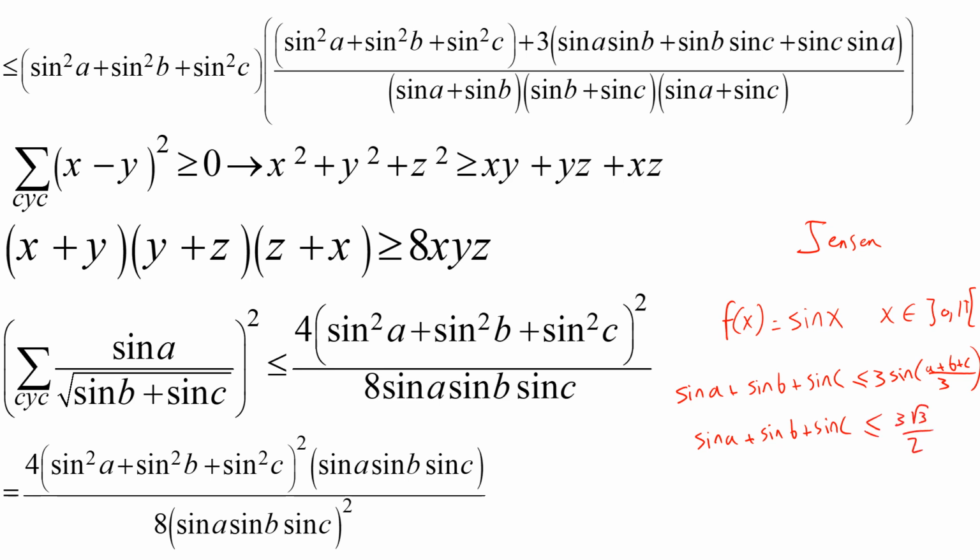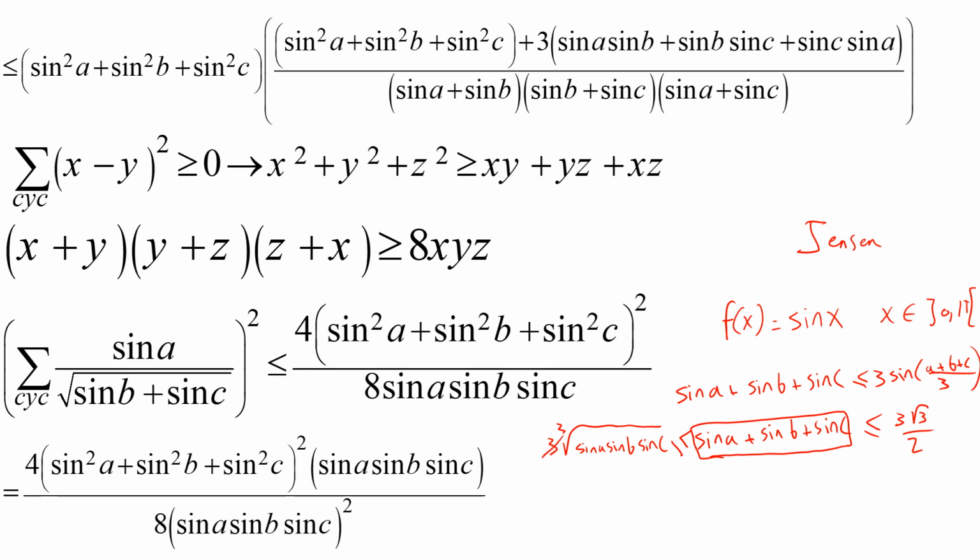And also by using AM-GM inequality, this value, which is always a positive value, is greater than or equal to 3 cubic root of sine A, sine B, sine C. Okay, forget about the middle one. I don't need it. Let's focus on the first and the last one.